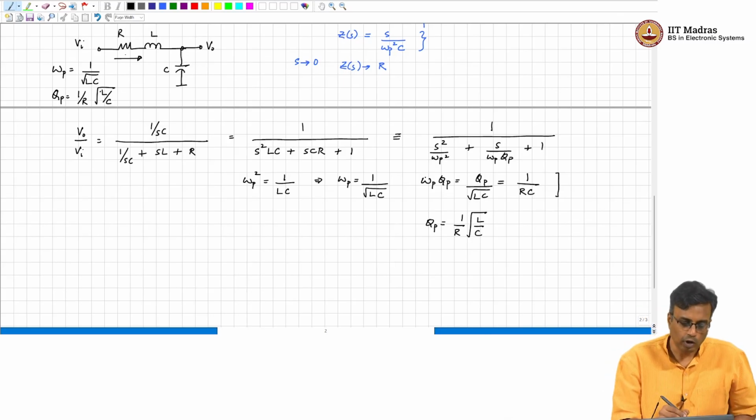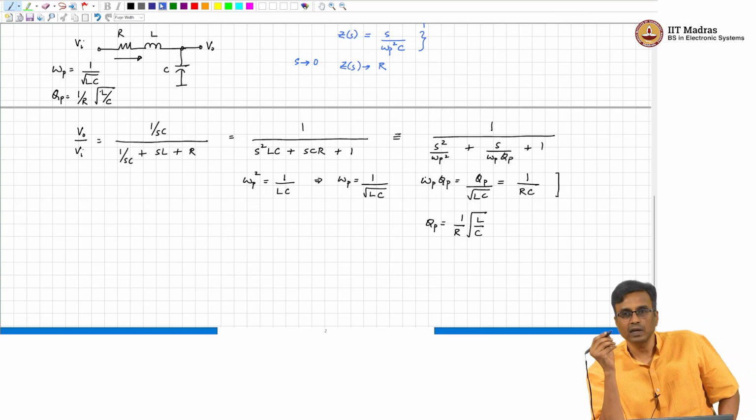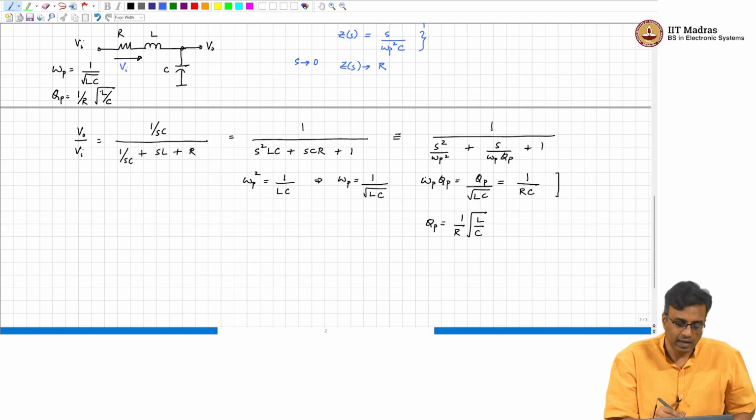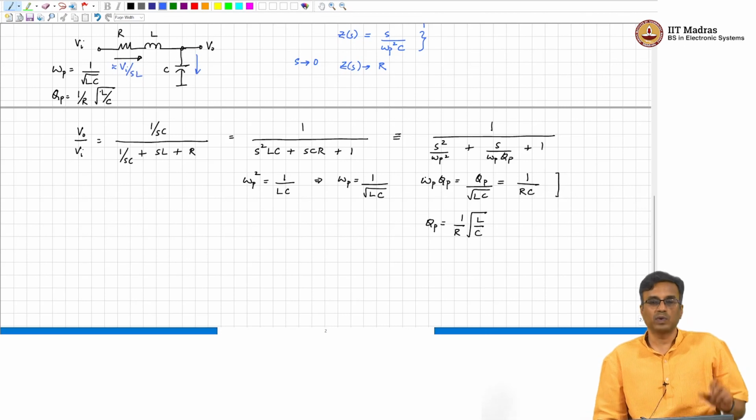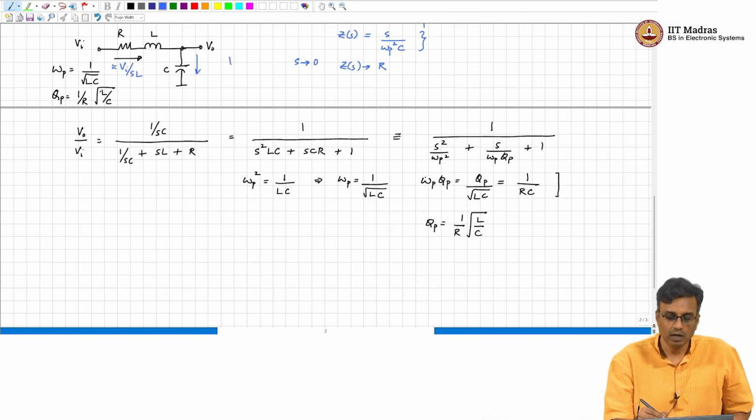So, what comment can we make about the current flowing through the RL branch at high frequency? It is approximately Vi by SL, and therefore the voltage at high frequency is Vi by SL times 1 over SC.